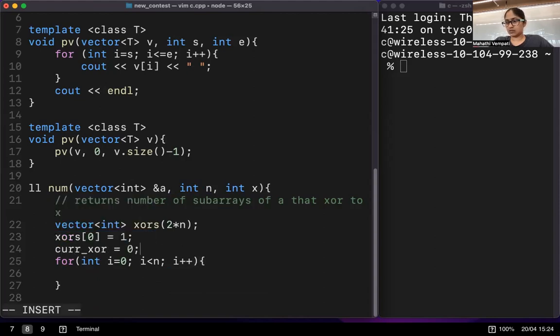Cursor equals 0, right? So cursor equals cursor XOR A of I. This is how you XOR, right? I think so, yeah.